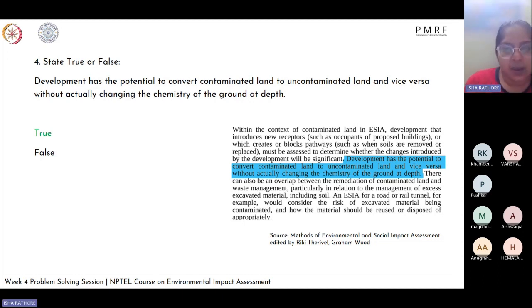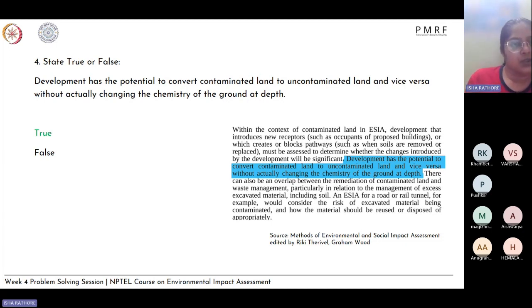It can convert contaminated land to uncontaminated land, and uncontaminated land to contaminated land, but will not change the geomorphological characteristic of the site because that has developed over several years. We need to understand the question more in depth.